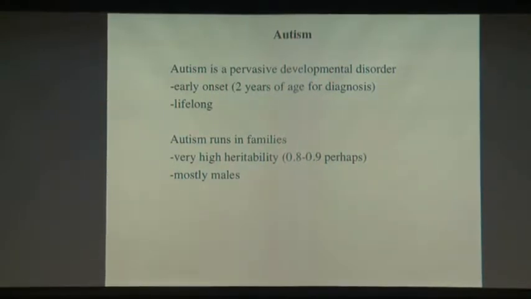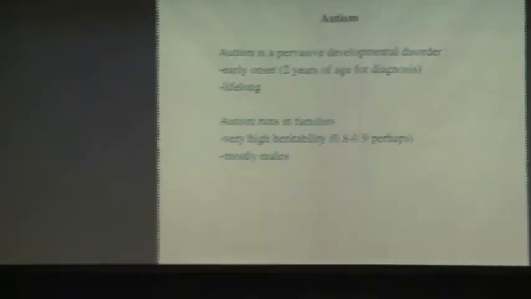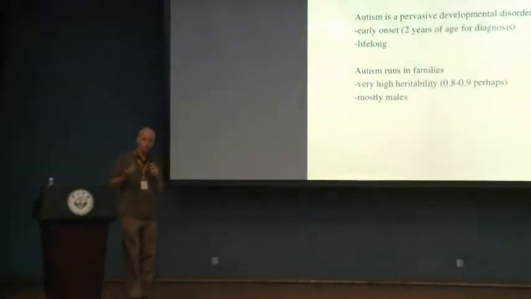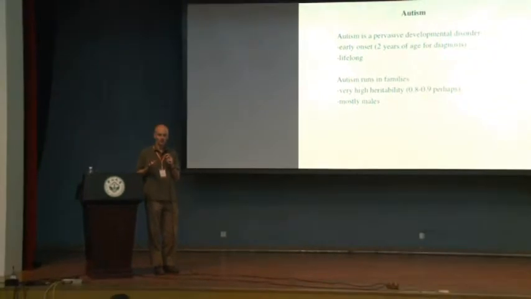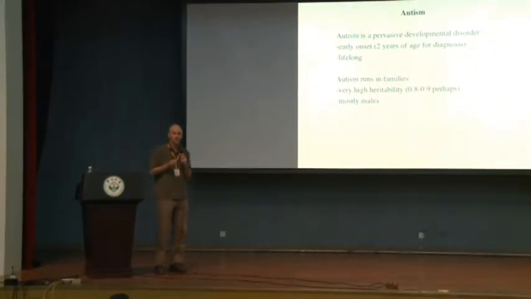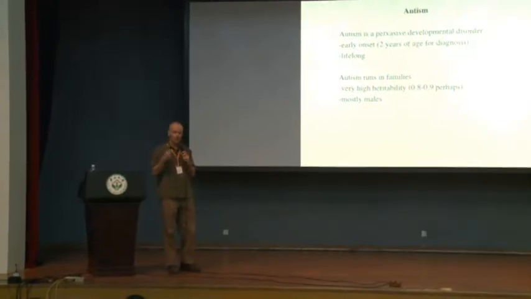What's important to point out is that even though lots of people study the genetic basis of autism, there's no single gene for autism, or even a small number of genes, but rather many hundreds of genes that all contribute to the risk of developing autism. A few of these genes, like those involved in some other disorders, like Fragile X syndrome or tuberous sclerosis, increase the risk a lot, but most of them contribute a very small portion of the risk.